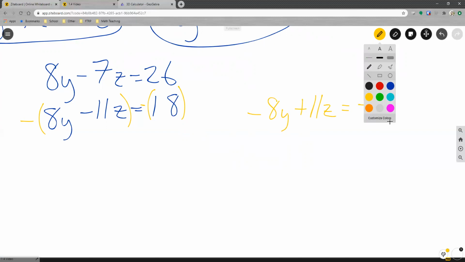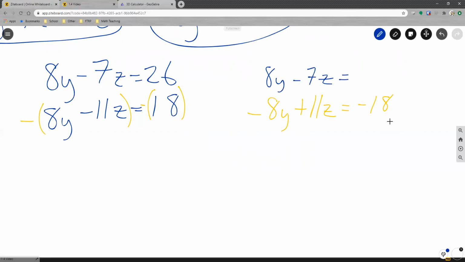So I've multiplied that entire second new equation by -1, and now I'm going to combine that with my first equation again. So I'm adding the 2 equations together.